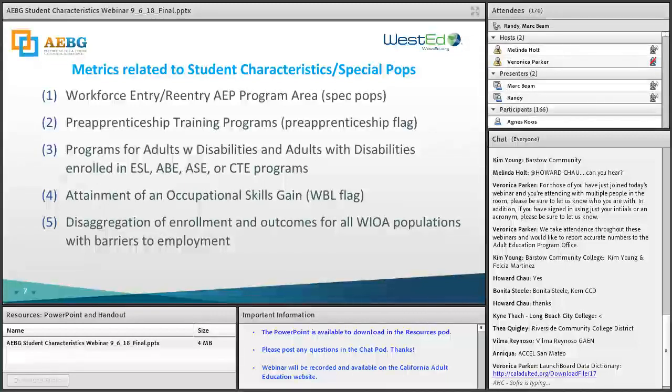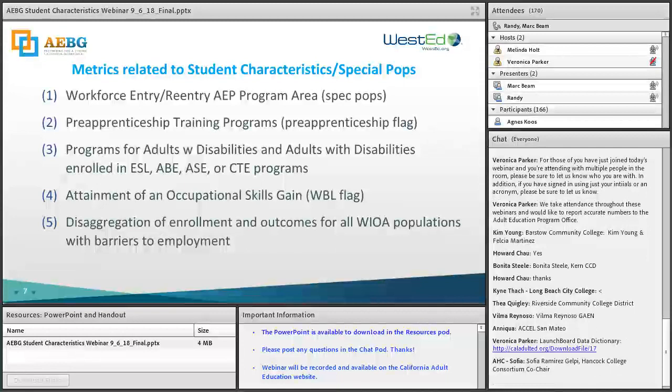So this includes a program area that's defined in AB 104 called Workforce Entry and Reentry that actually looks at student success in workforce preparation or CTE programs using the special populations criteria to say, this is a type of student who is, like, formerly incarcerated, who is highly likely to be entering or re-entering the workforce.